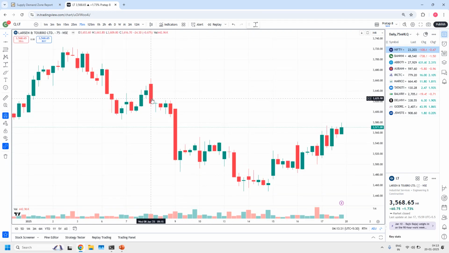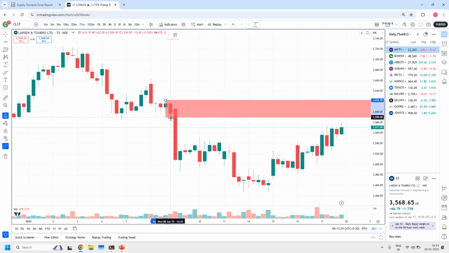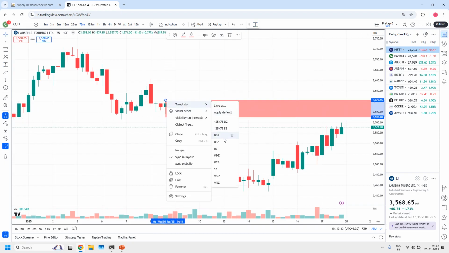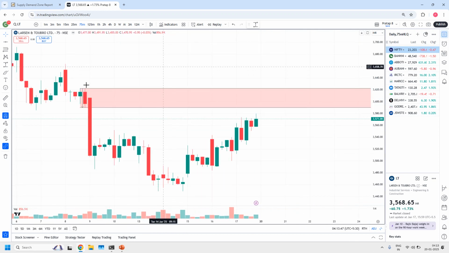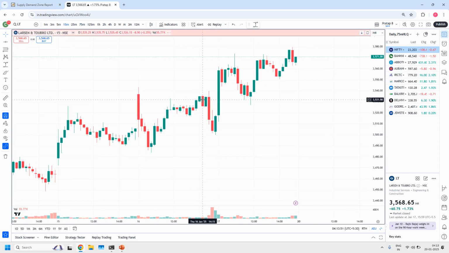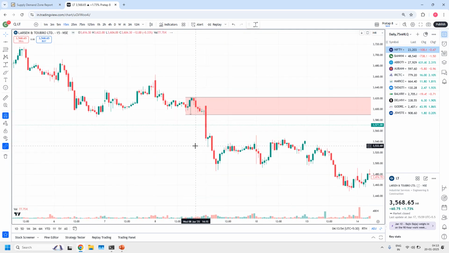This one, yeah, drop, 1, 2, 3, 4 base candles, drop, 8th January. So this is another 75 minutes high liquidity supply zone, a fresh zone so far. So let's fine tune with 15 minutes time frame.